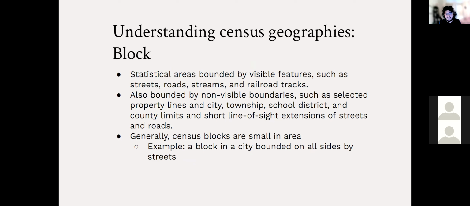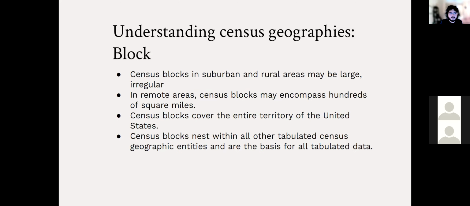For example, if you live in a city, usually a census block will be one literal city block, but you may have different ones in suburban or rural areas. Suburban and rural areas may have much larger blocks, and in remote areas they may be hundreds of square miles.